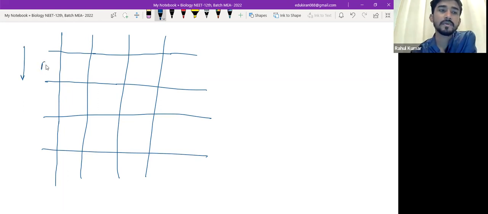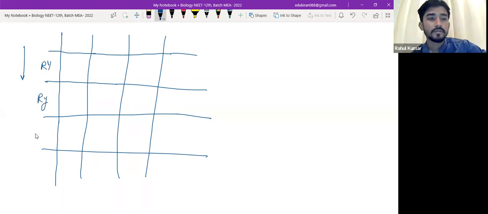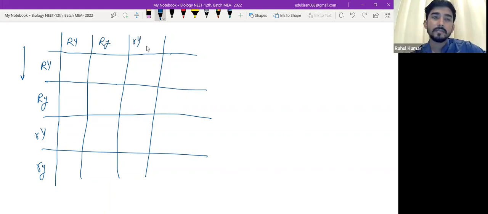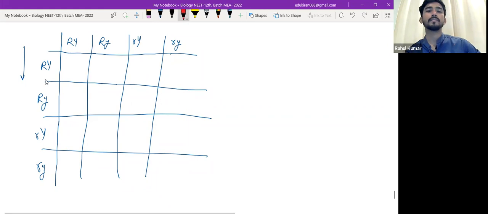What are the gametes? Capital R, capital Y, capital R, small y, small r, capital Y, and small r, small y, right, Saifullah? And on this side, the same, right? Yes. So the trick is if you can make the gametes properly, the rest everything is just a unit square. Now tell me, what will be the first offspring possible?